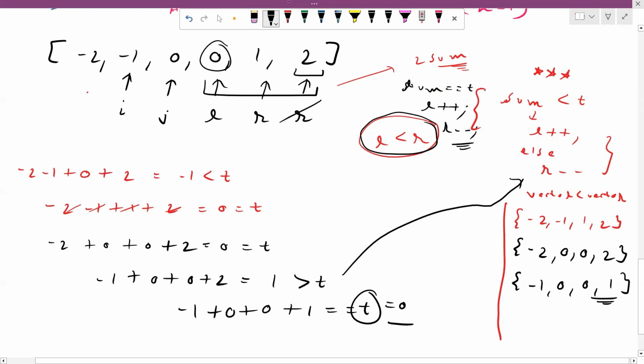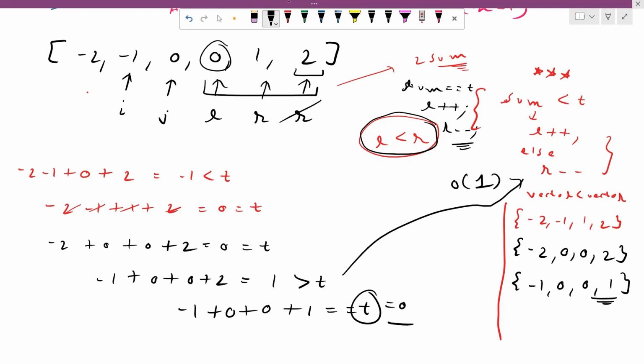So by avoiding all the duplicates, we are using constant extra space, right? Because in this case, we are not using any hash set or any other sort of data structure to store all the elements. We are just avoiding all the duplicate elements in the traversing of the array, right?